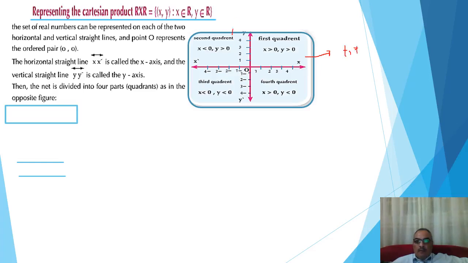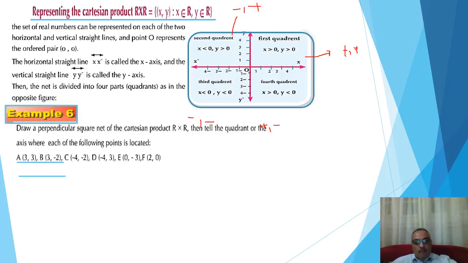Second: x to the left is negative, y positive. Third: both negative. Fourth: x positive and y negative. This plane is the product of R and R. Okay.